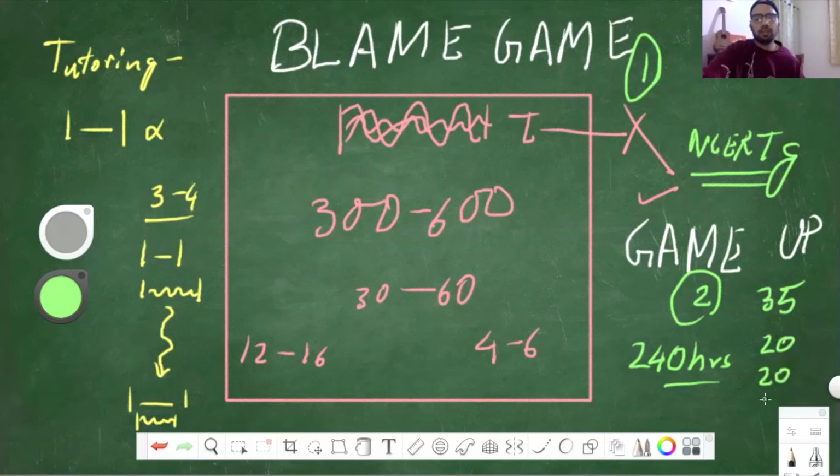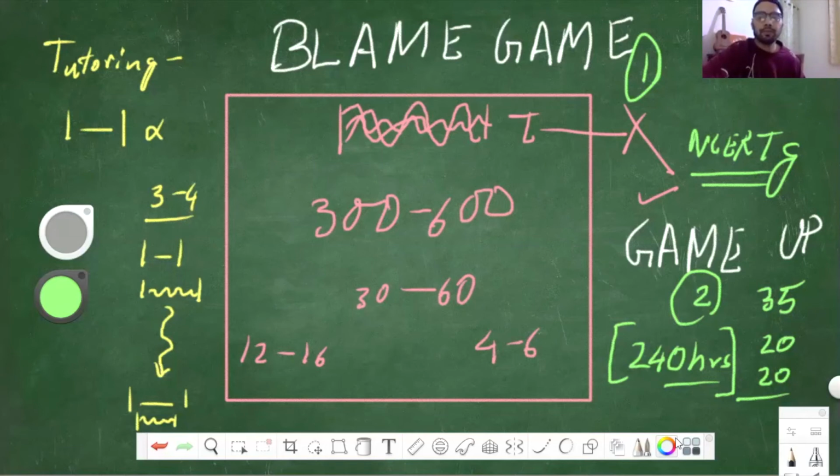I multiplied and added them up, and it comes to this sweet number. So class 11 students have to spend 240 hours in class studying one subject.